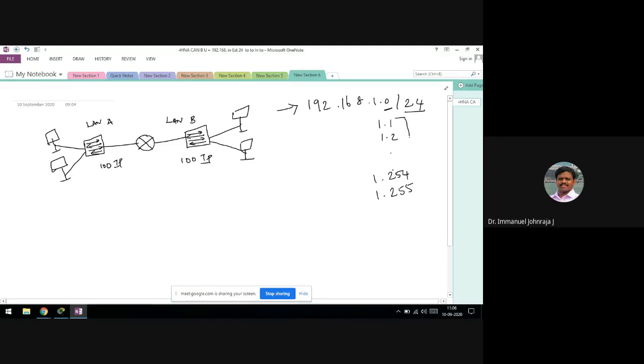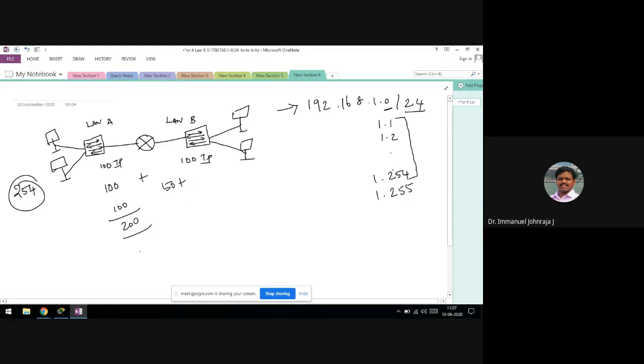From 1 to 254, you get the usable IP addresses. So the total number of IP addresses available is 254, but the requirement is 100 plus 100, which is 200. So we have approximately 50 plus IP addresses in excess. This is what we spoke about in the last class.